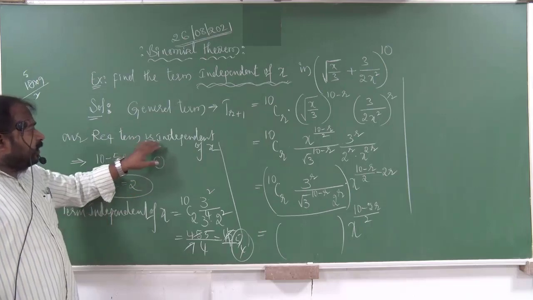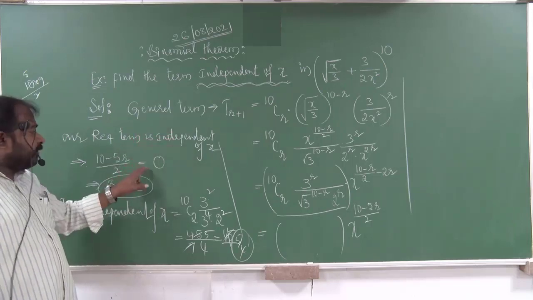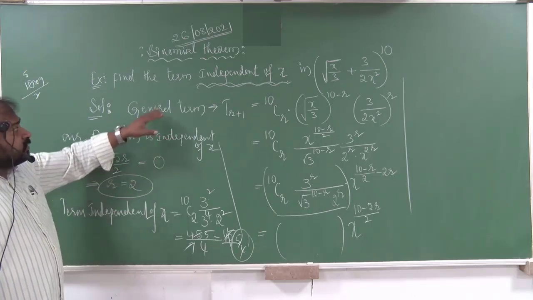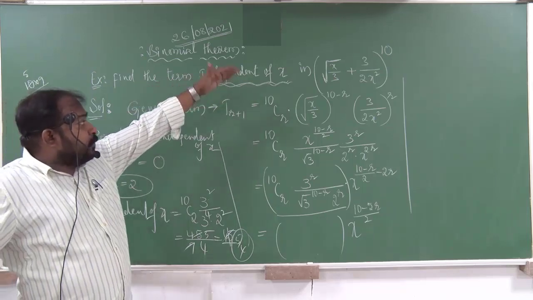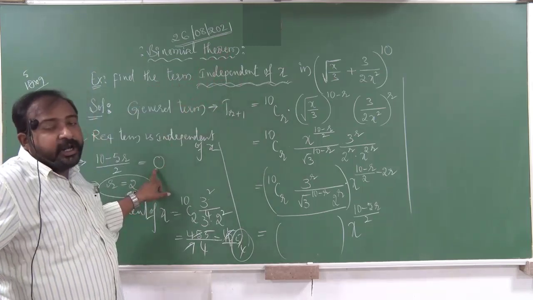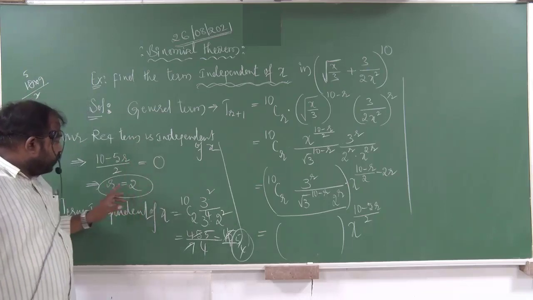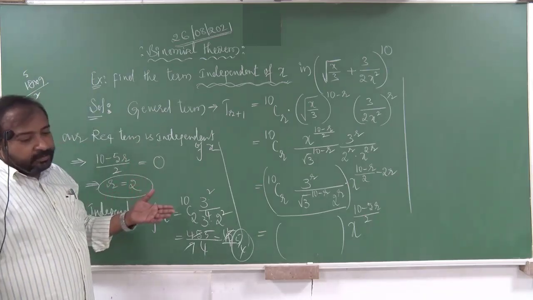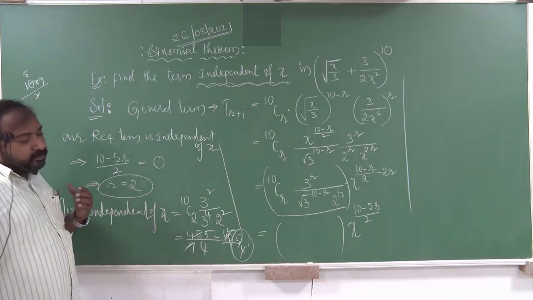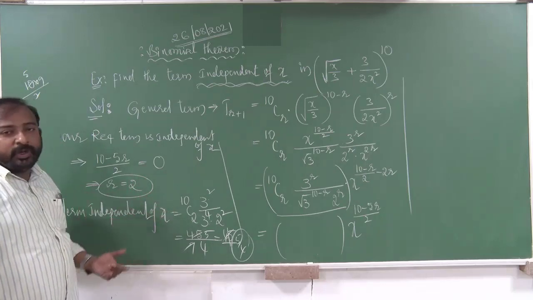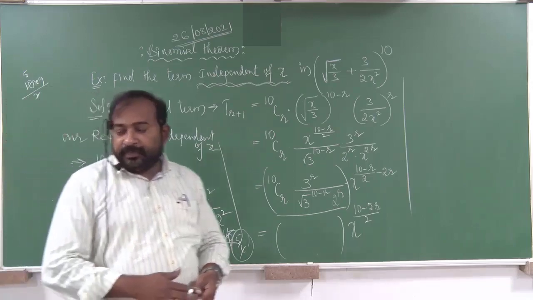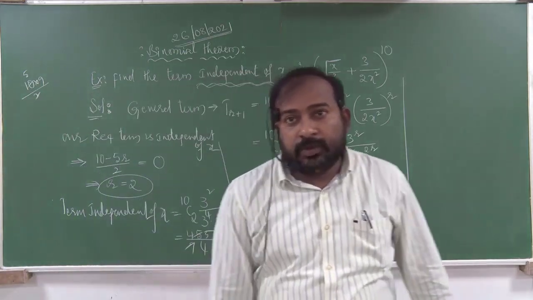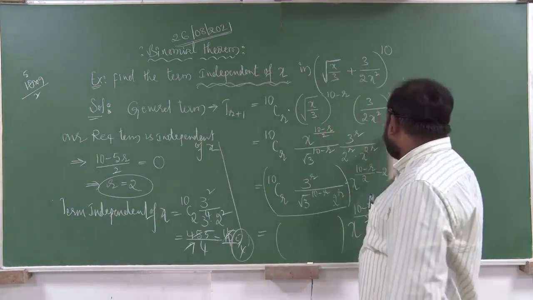Of course, here independent of x means x power 0, so I am equating to 0. If they ask to find the coefficient of x power 10, then here you have to take 10 like that. If you simplify, you will get the r value. Now replace this r value in the general term, and you will get the particular value required. Okay. I hope that this is also clear for you. Next example.